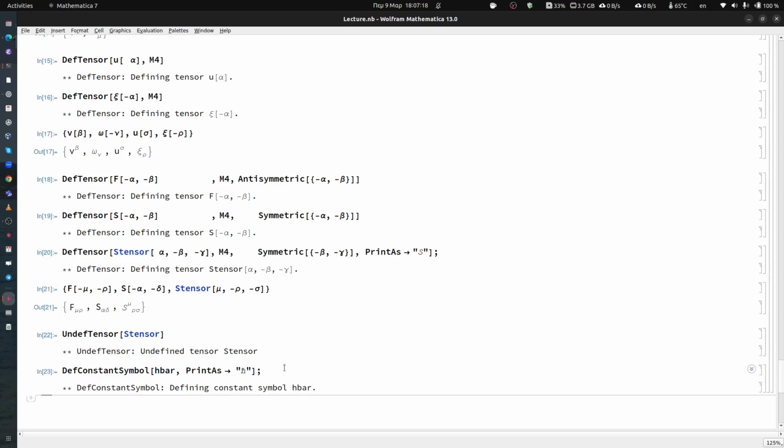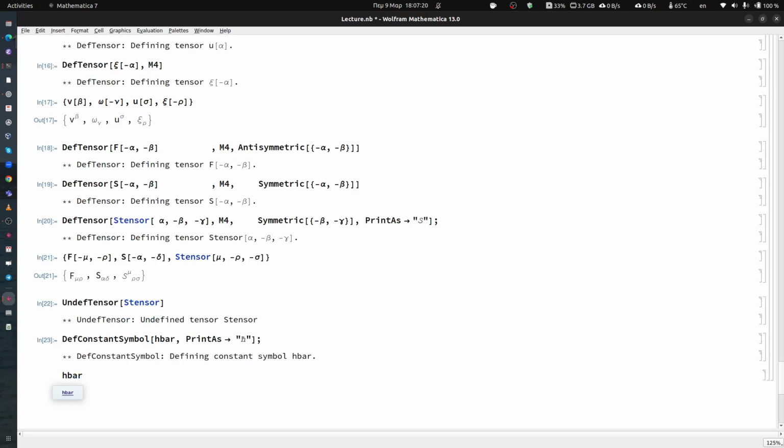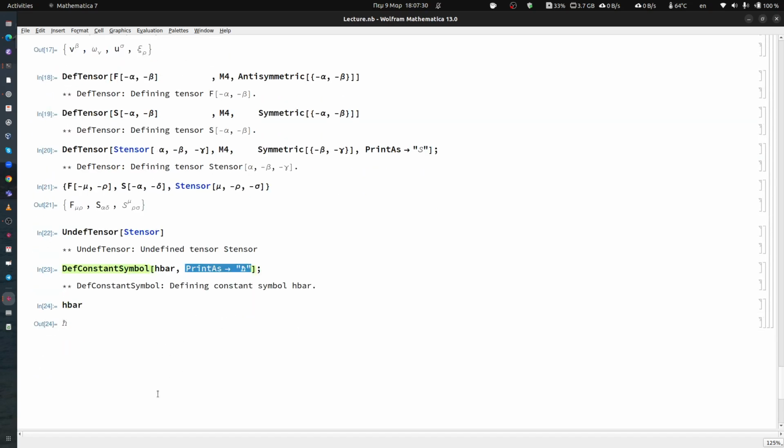So h bar can be used in expressions now, and every time that you put it in an expression, its output form is what we have chosen here with this PrintAs option.